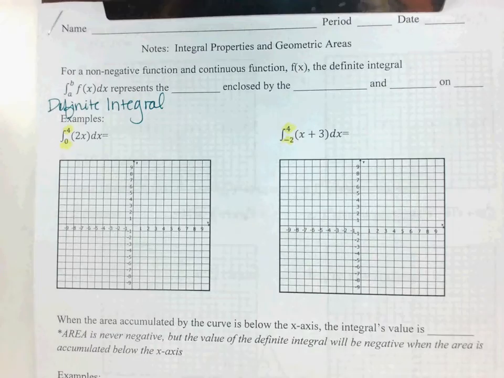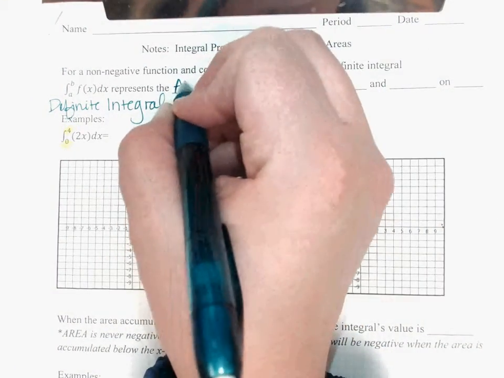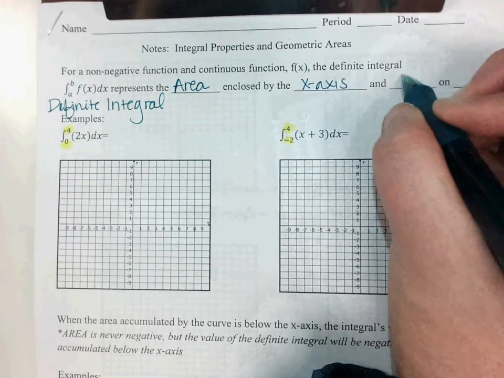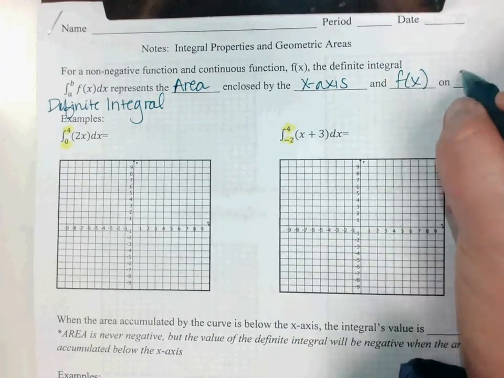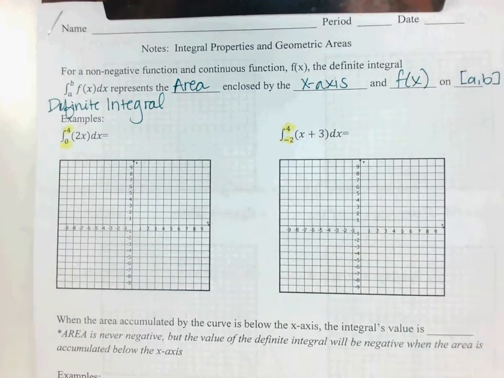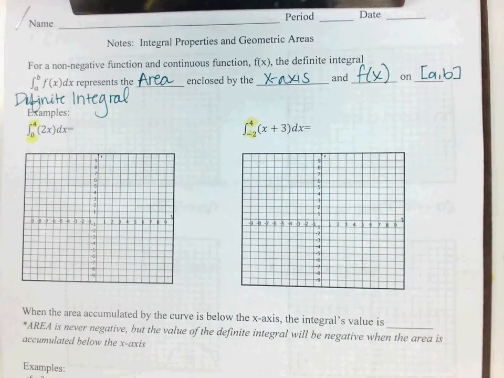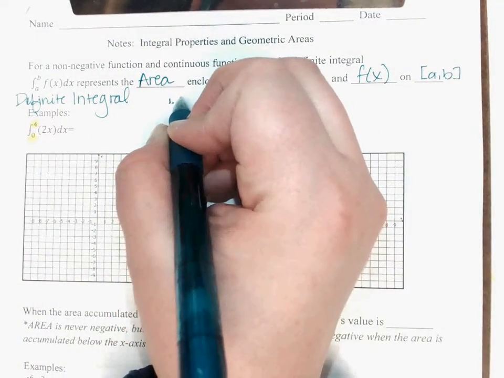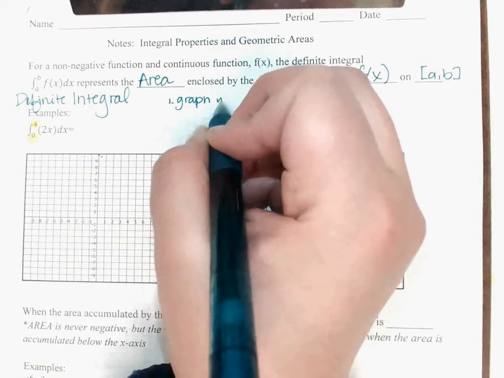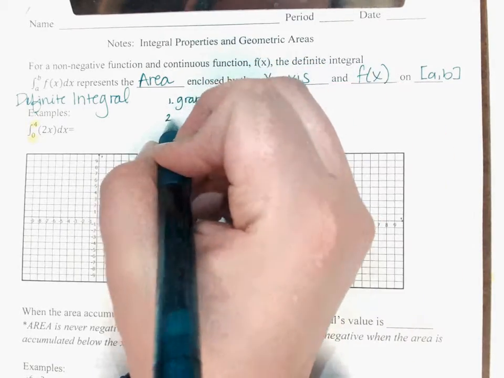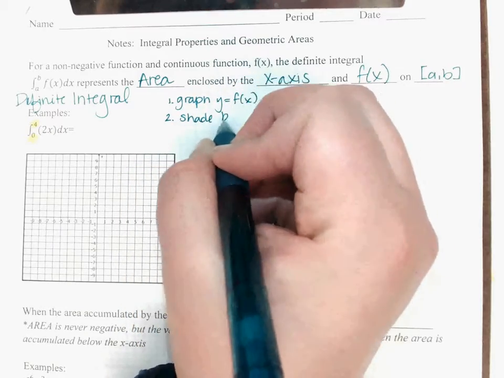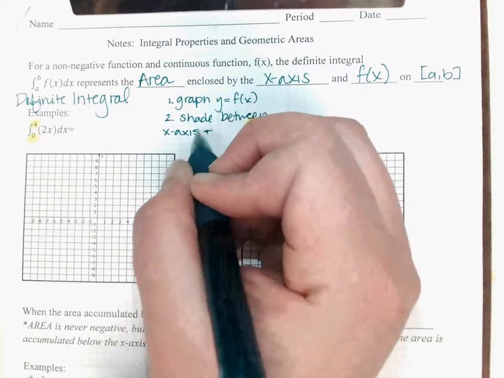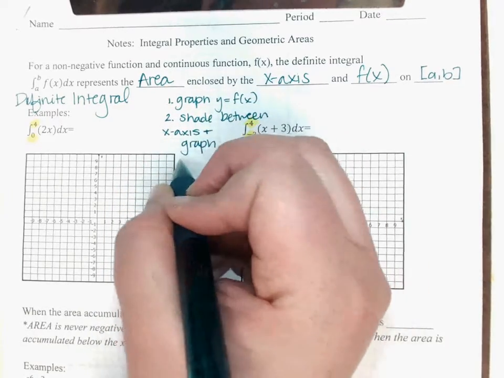Okay, so a definite integral represents the amount of area enclosed by the x-axis and the function f of x on the interval from a to b. So all that you have to do is sketch the graph, then shade between the x-axis and the graph, and then find the area.